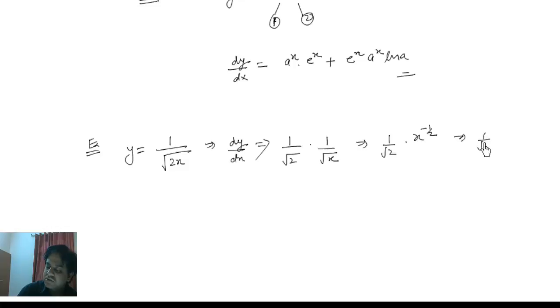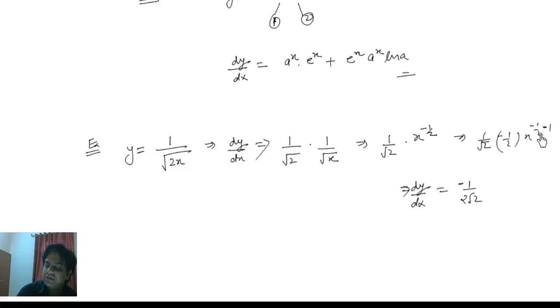Now I used the differentiation of x to the power minus half as minus half x to the power minus half minus 1, right? So the differentiation is, you can see, 1 by 2 root 2 with a minus sign, right?